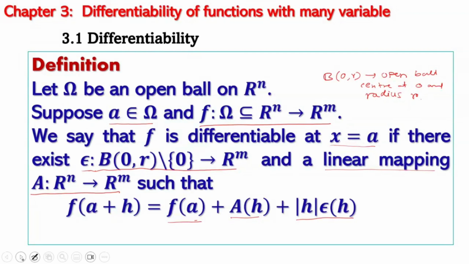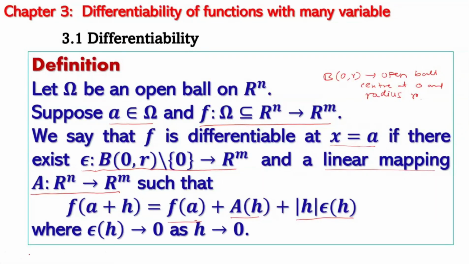If we can write that, and epsilon of h tends to 0 as h tends to 0, or in some cases we write as absolute value of h tends to 0, then this function f is differentiable.